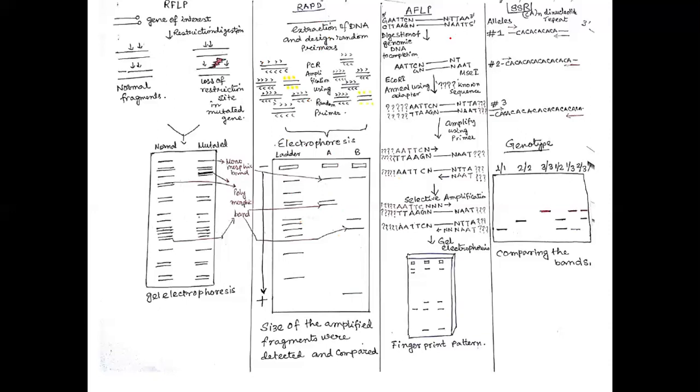Now coming to AFLP, which is amplified fragment length polymorphism, in which suppose you already have a DNA which has a flanking sequence of a restriction enzyme, and you have digested the DNA using the respective restriction enzyme.